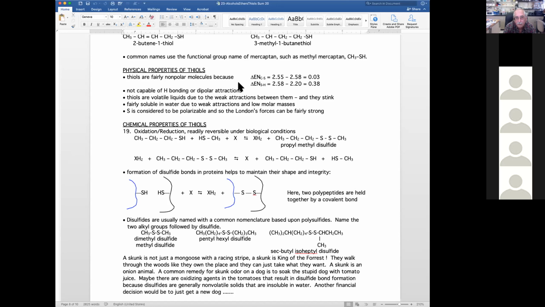Okay. So sulfur is considered to be polarizable, so the London forces it is capable of can be fairly strong. What do I mean by polarizable?